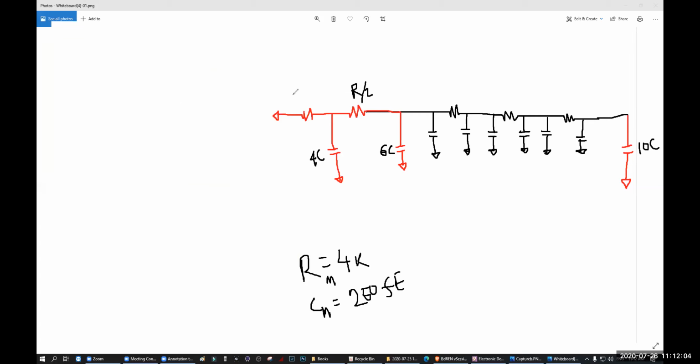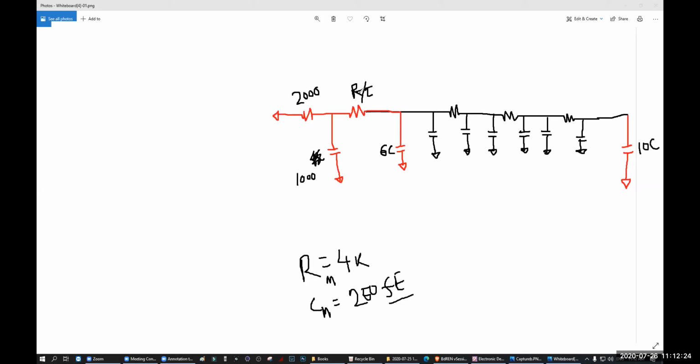I'm going to write 2 kilo, that means 2000. Okay? 4C means 250 into 4. How much? 1000 femtofarad, right? All will be in femto, all will be in ohm. That's it. Keep it like that.